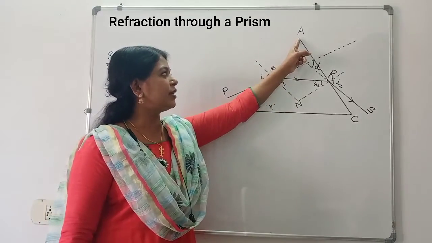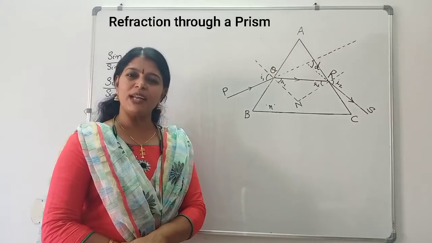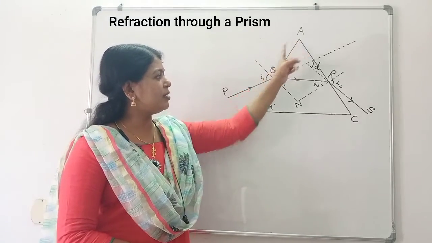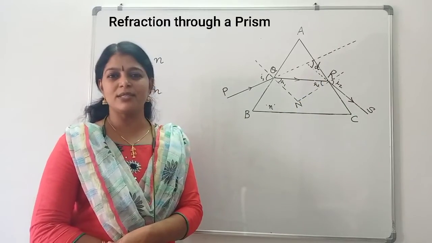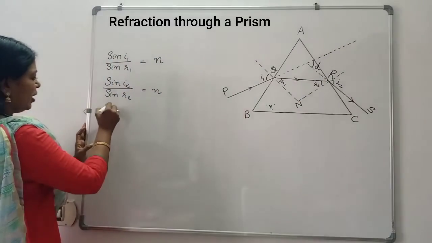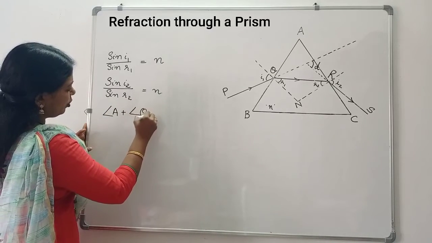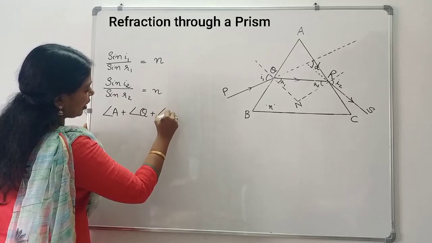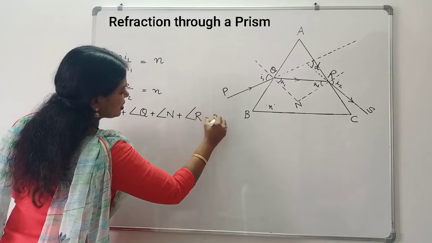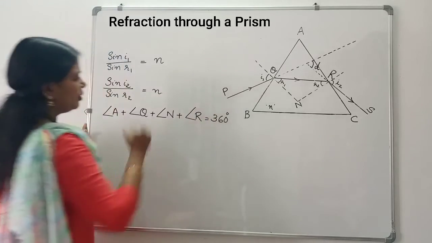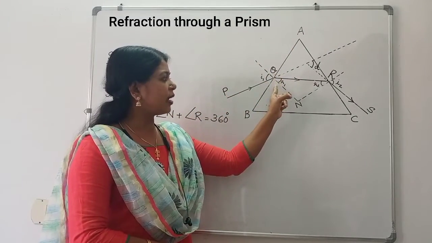From the quadrilateral AQNR, what is the total angle? That is angle A plus angle Q plus angle N plus angle R is equal to 360 degree. QN is a normal to the side AB, so this angle is 90.